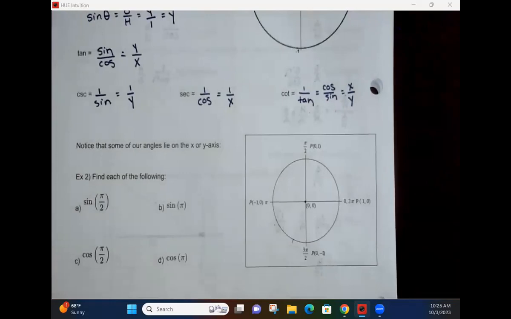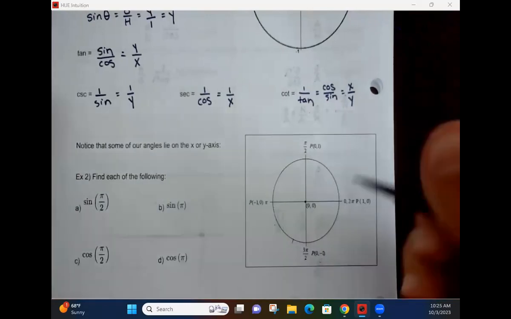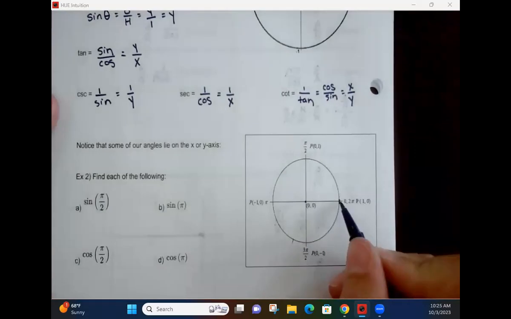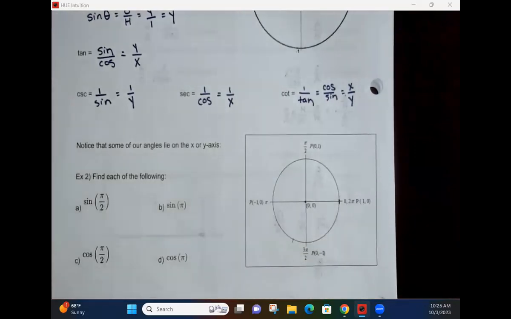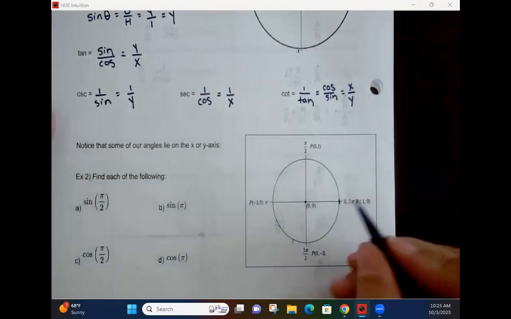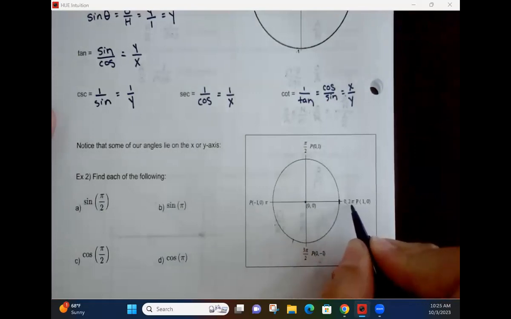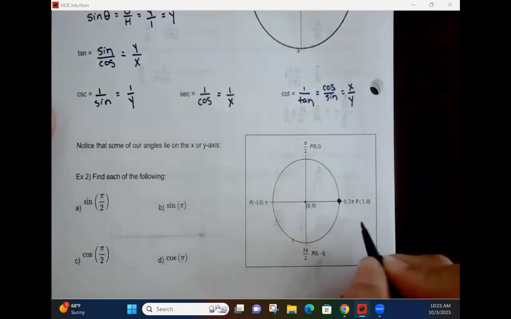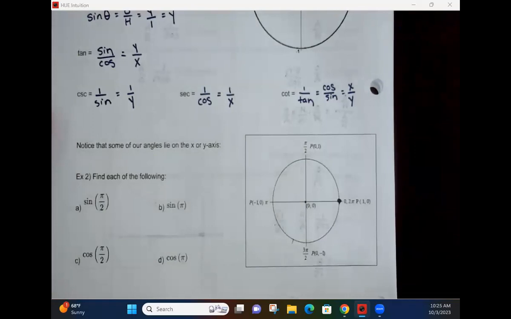Those points are easy. It's a unit circle, right? So we're only ever going out as far as 1 on any axis. That's the biggest number we'll ever get when I talk about an individual coordinate. So if I'm at 0 or at 2 pi, that would be right here. That's the point 1 comma 0. I know it's 1 comma 0 because it's the unit circle.